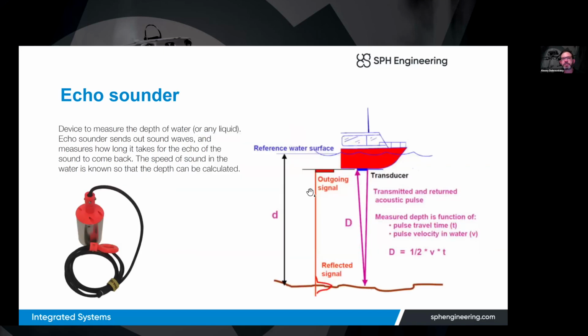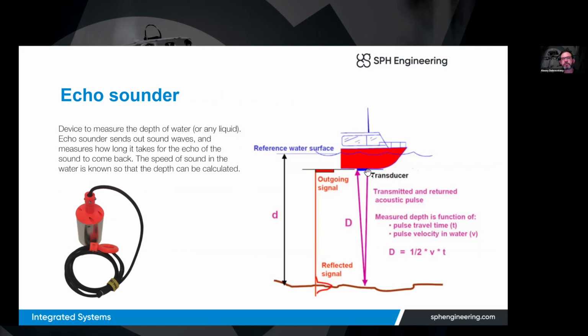Principle stays the same for modern devices, but modern devices actually, of course, are much smaller, much lighter, and they use digital processing technology to measure the time. But principle is absolutely the same.